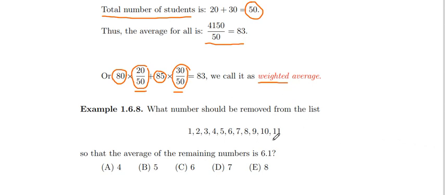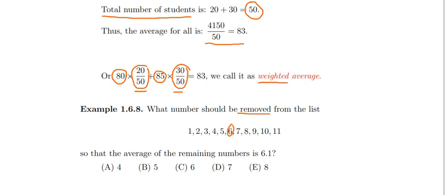Okay, so in this problem, which number can be removed from the list so that the average of the remaining numbers is 6.1? Originally the average is 6.